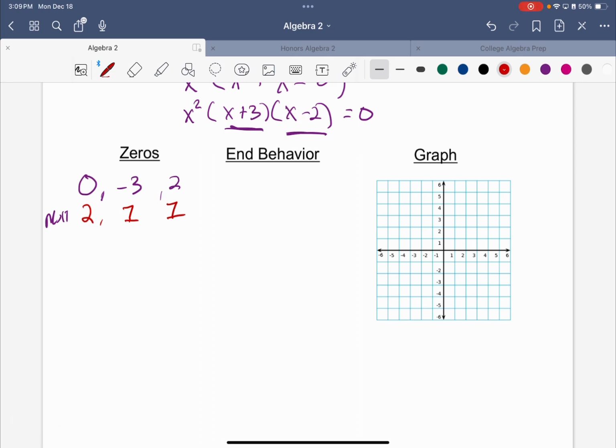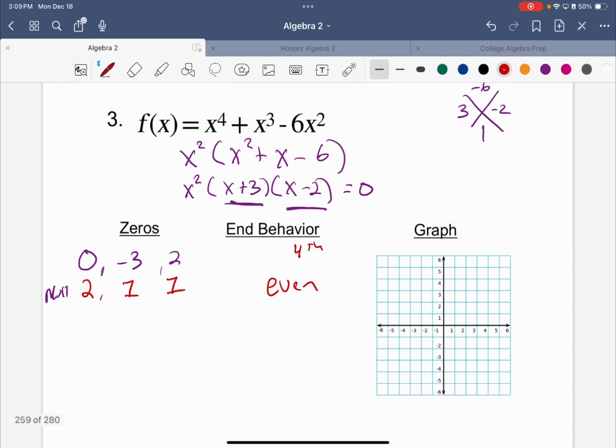End behavior. 1, 2, 3, 4. So it's a 4th degree polynomial. So that's, in my book, that's even. And if we look at the leading coefficient, so I can just look up here now, that leading coefficient is positive.